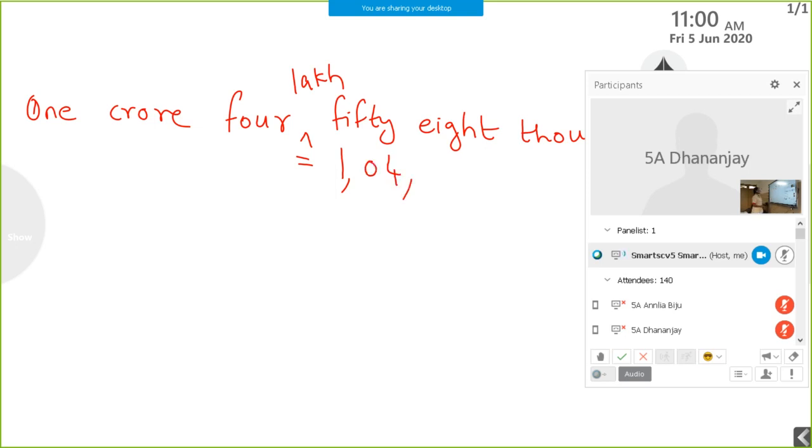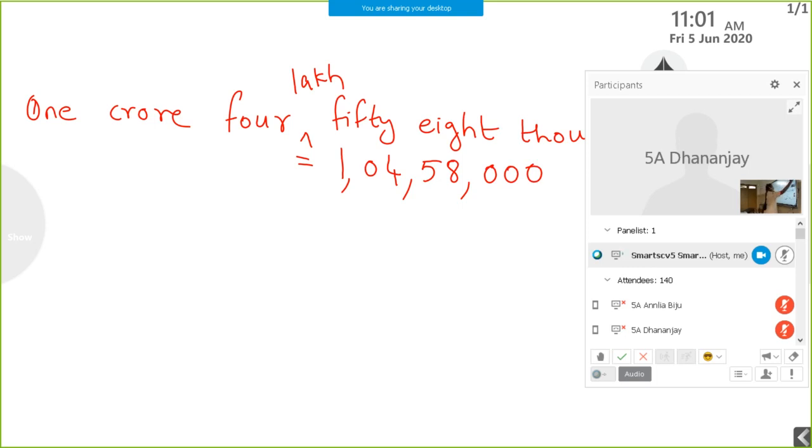Then we have 58,000. After the lakhs period we have the thousands period, and it is 58. Ones period is not there in the number name, so how will you represent it? By 3 zeros.